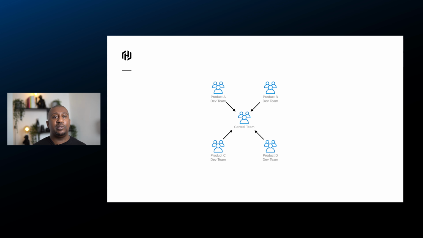So how we can get around solving that problem is to employ a different model, which we call the delegated administrator model. And what that means is all in the name. You are going to delegate the administration of Vault to chosen administrators. And Vault makes this possible because it has the concept of namespaces.